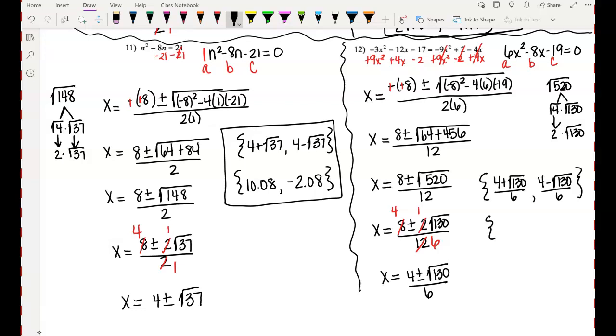And for the first one, you should come out to a decimal of 2.57. And the second one, a negative 1.23.